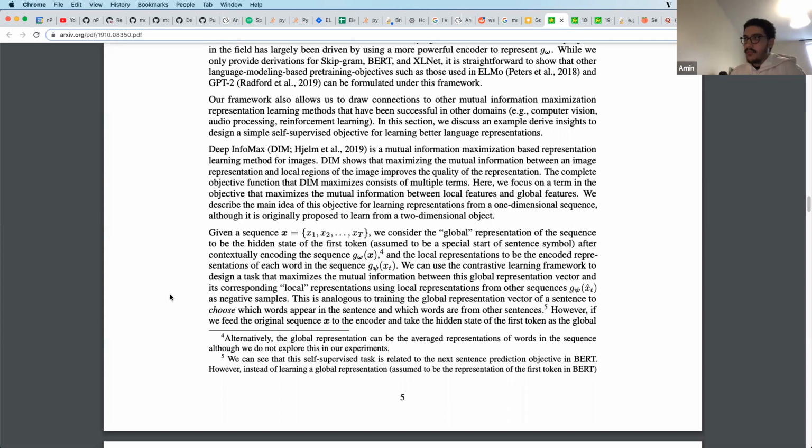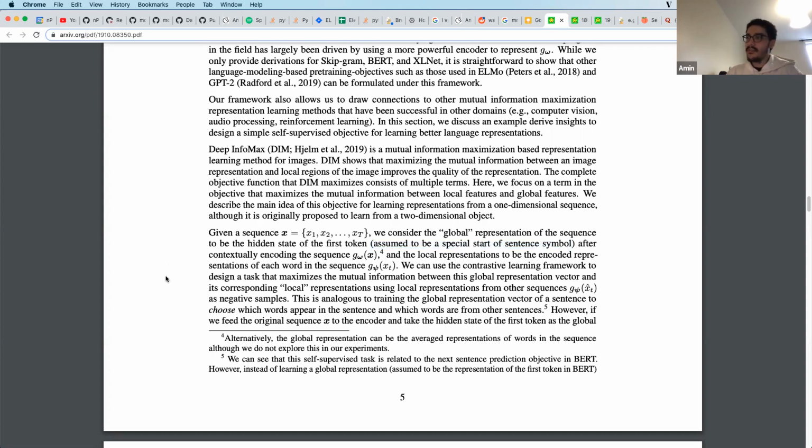In this case, for the global representation of the sentence, you would input the sentence into a transformer encoder, which is what they use, and the hidden state of the first token is given as the representation of the sentence, so the global representation. This is because the first word is assumed to be the special part-of-sentence symbol.